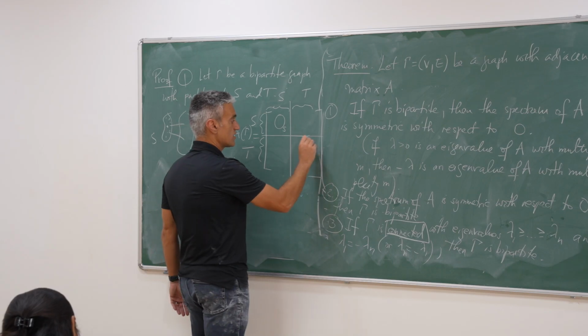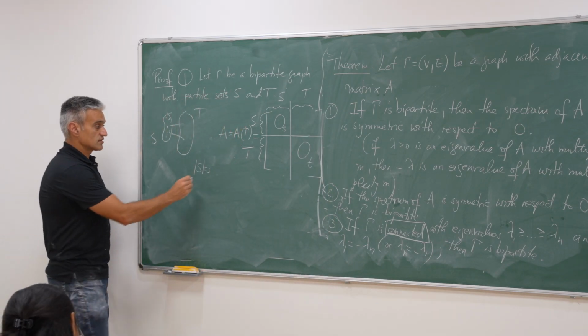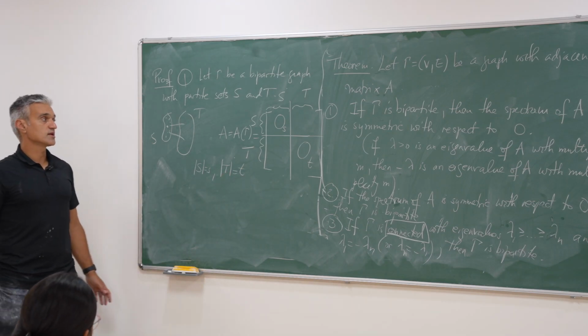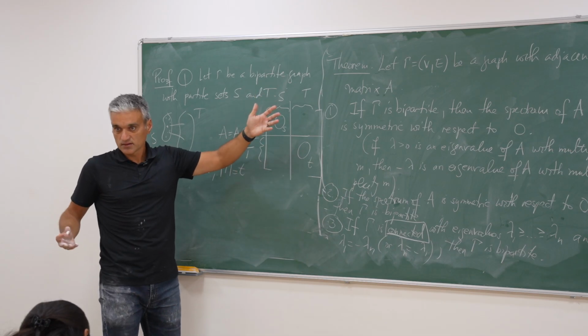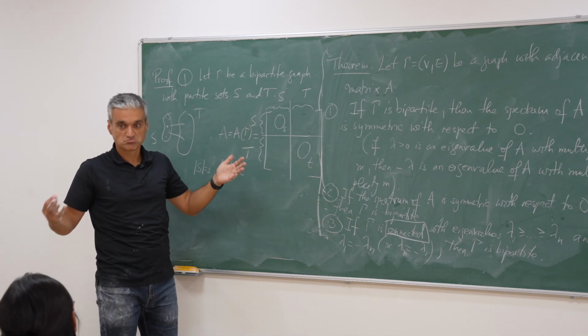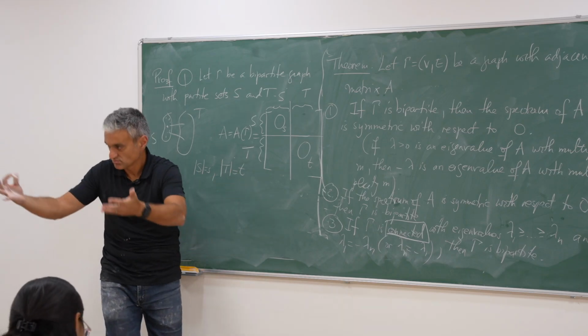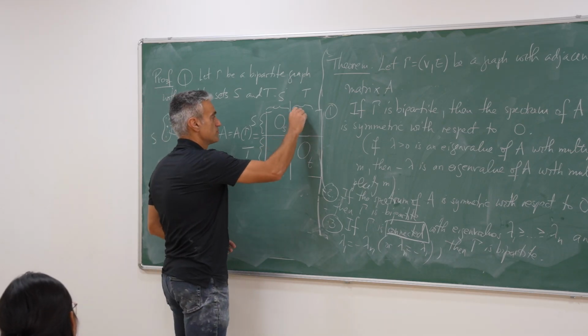And here I will have another 0, the t by t zero matrix, where the cardinality of T is t. Now you can ask yourself, what are you going to have here? Something. How do you want to call it? B. Why not? B.